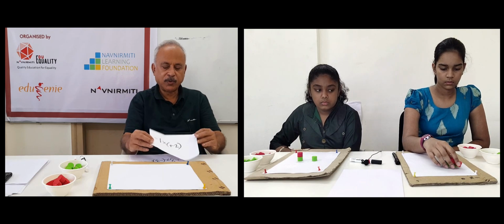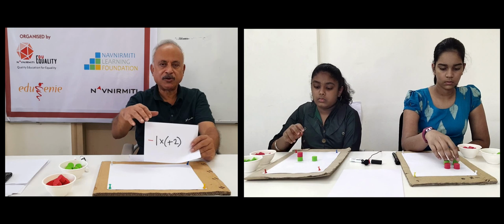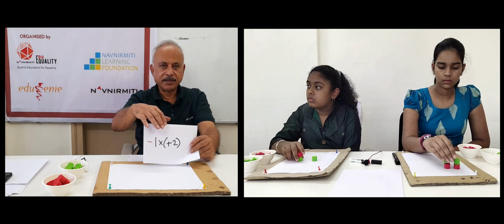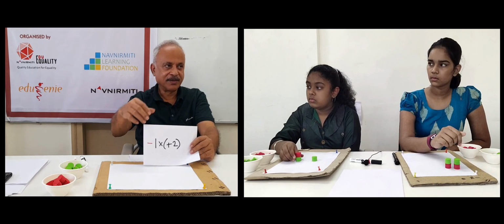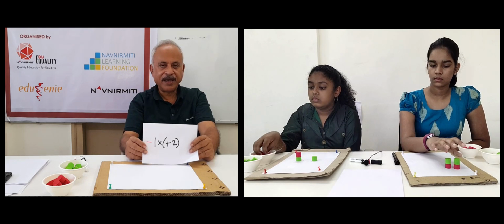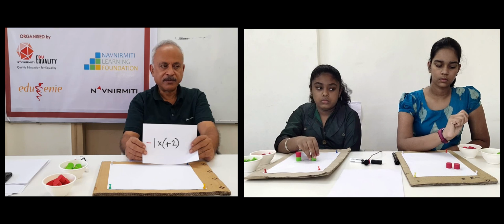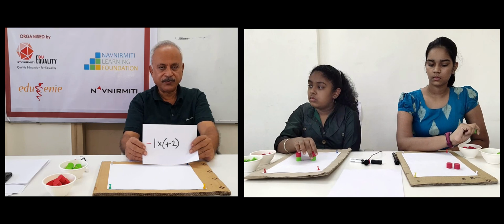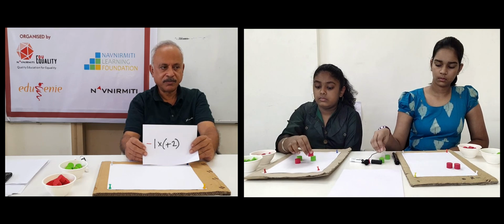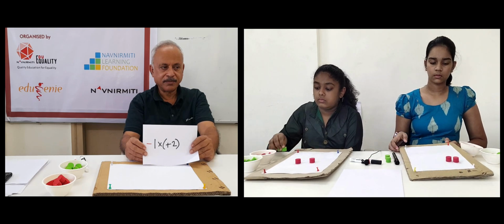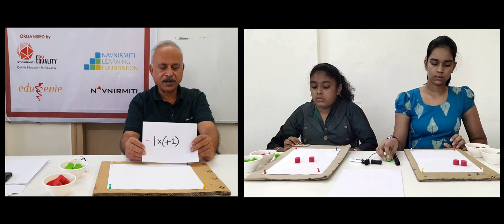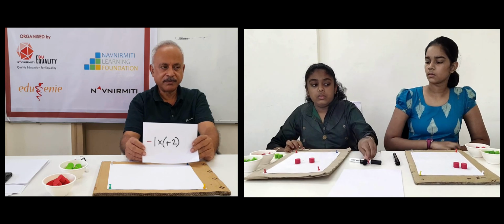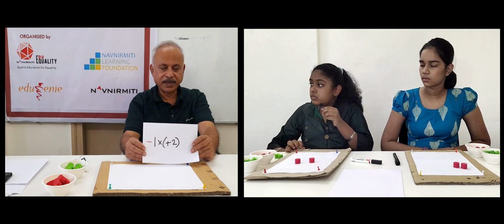So minus 1 times positive 2 means you have to start out with nothing, or start out with zeros, as Nandita said, and you have to remove positive 2. And what is your answer? What are you left with? Negative 2.